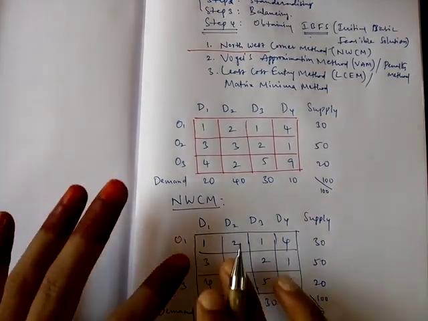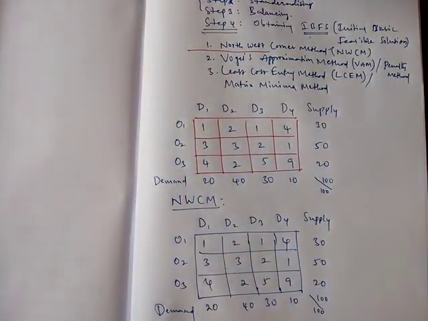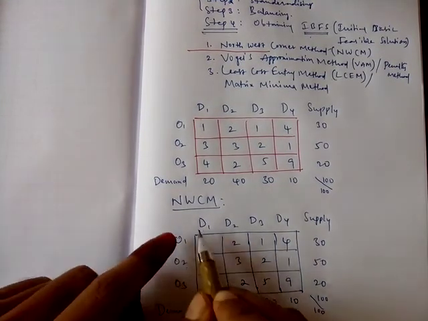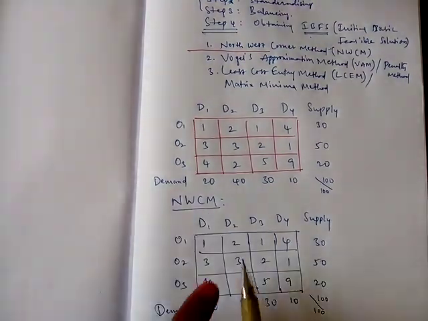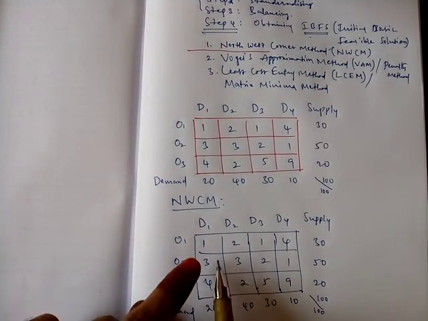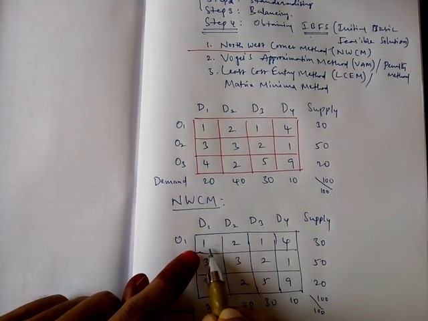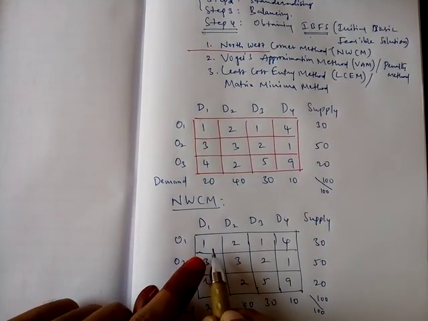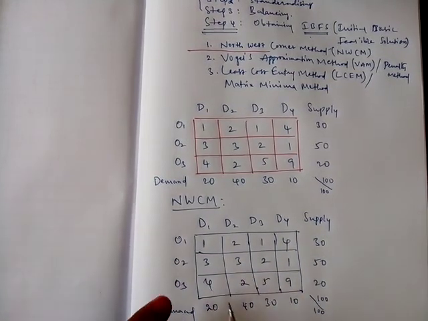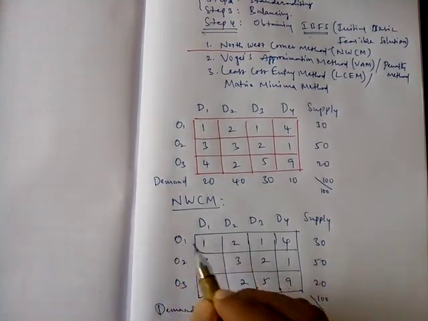This is the same table I have drawn here. Northwest corner method means we have to identify the northwest corner. This cell is the northwest corner. First we have to allocate products to this cell.